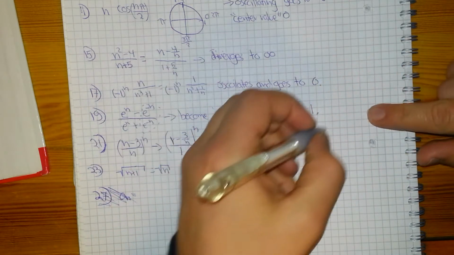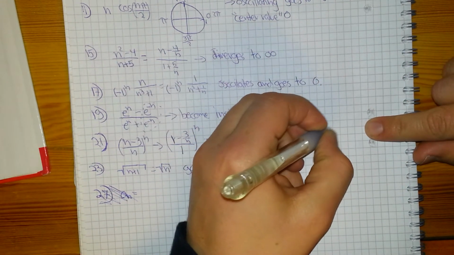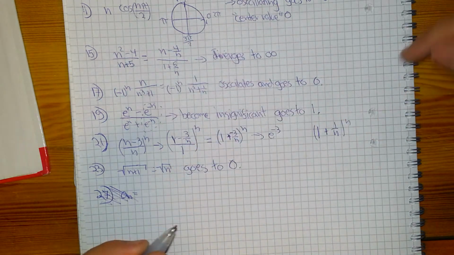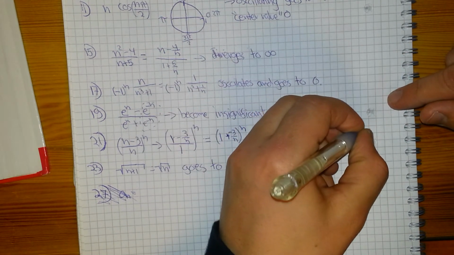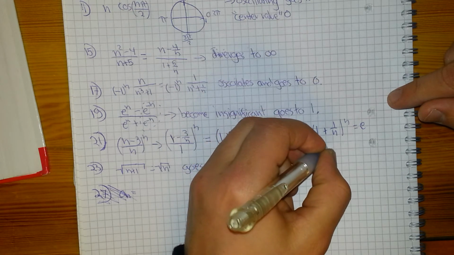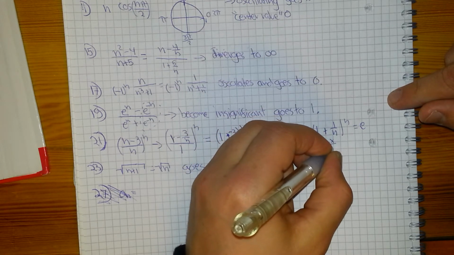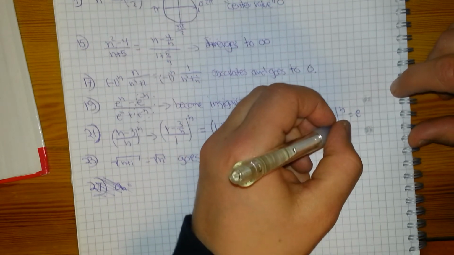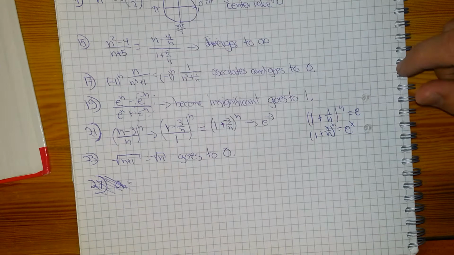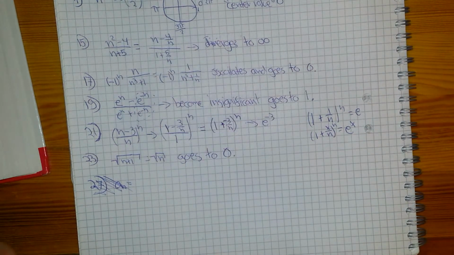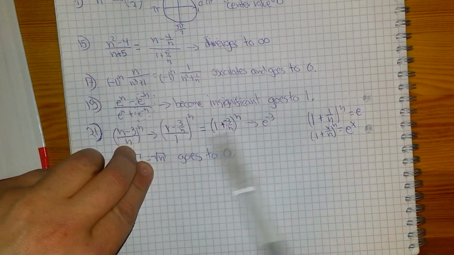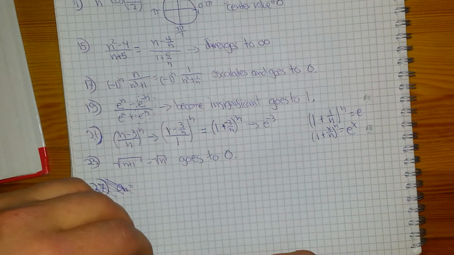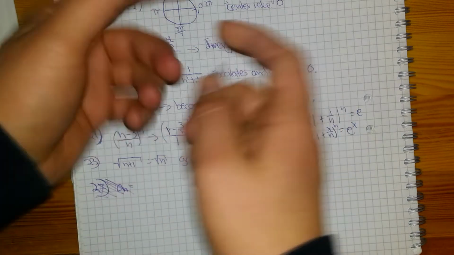And if the definition of e is 1 plus 1 over n to the n, this is e, and 1 plus x over n to the power of n is e to the x. Easy. So as it goes to infinity, it's going to become e to the power of minus 3. Easy.